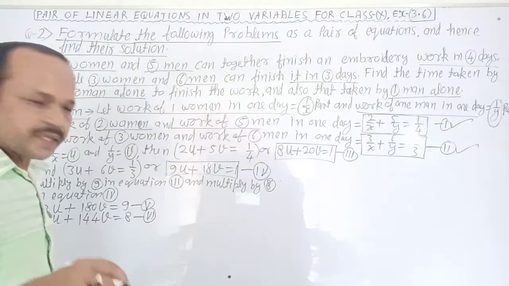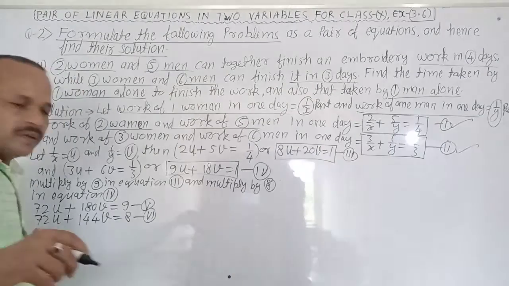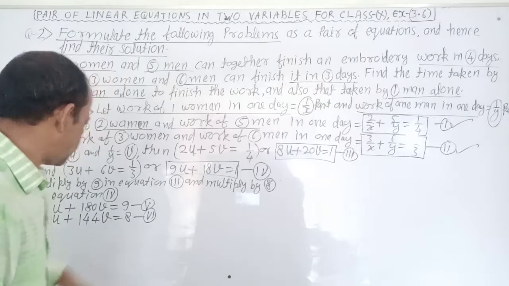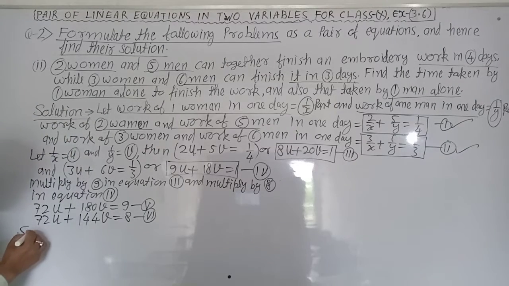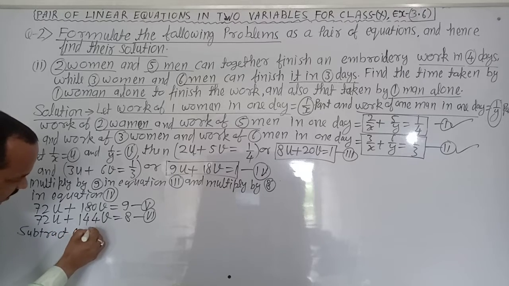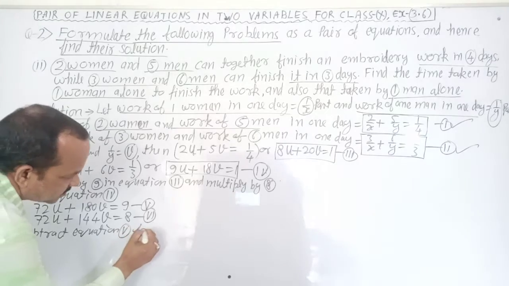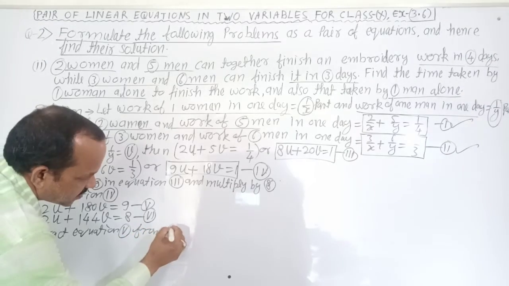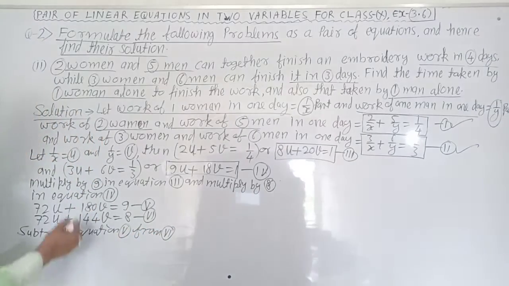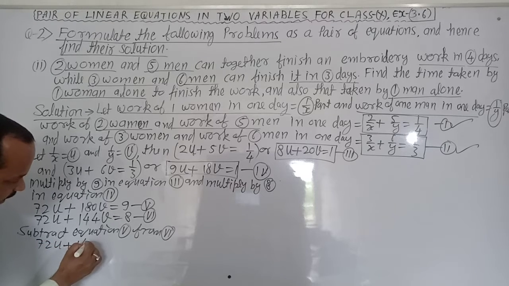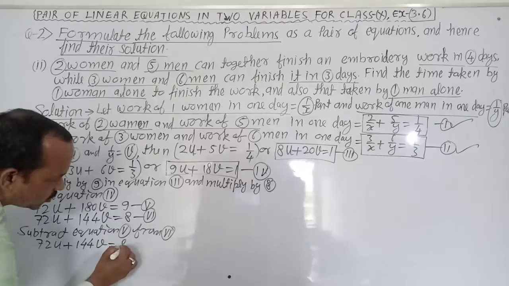Subtract equation 5 from equation 6. Clear? 6 is 72u plus 144v equal to 8.